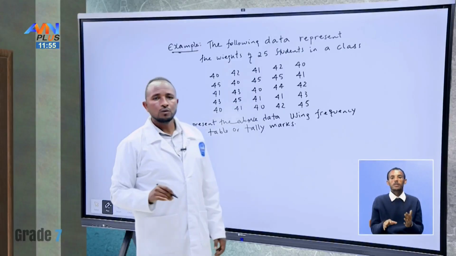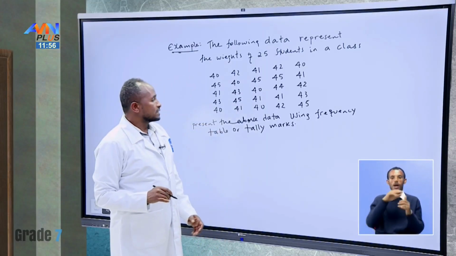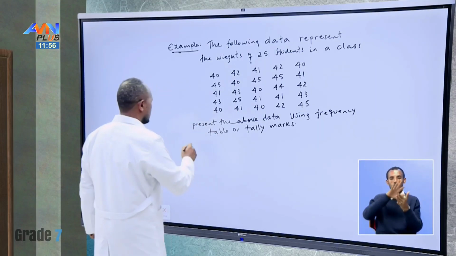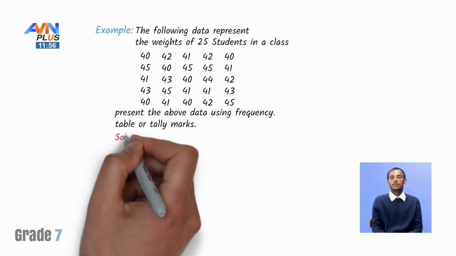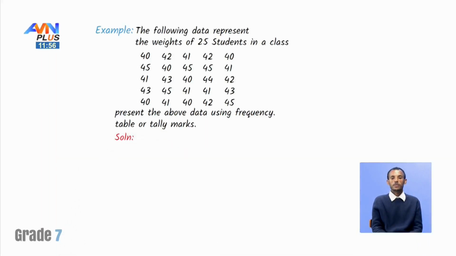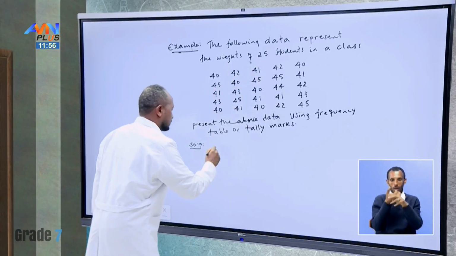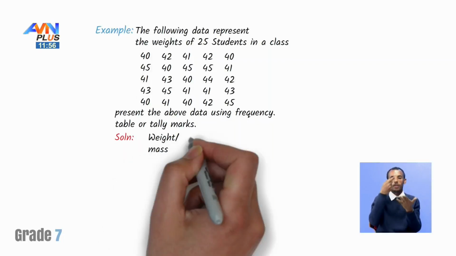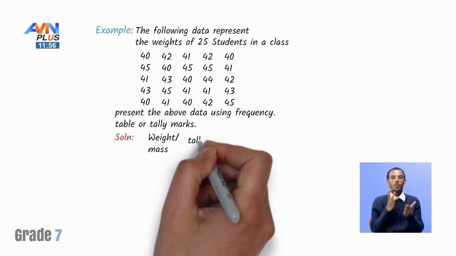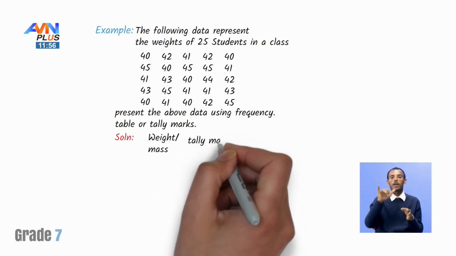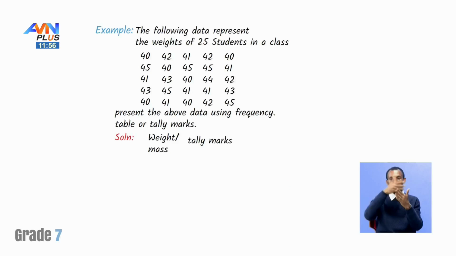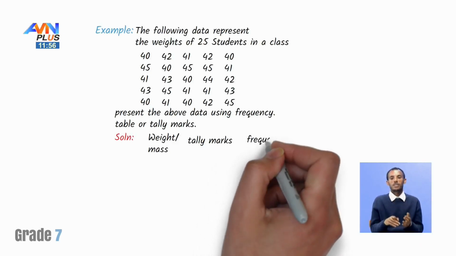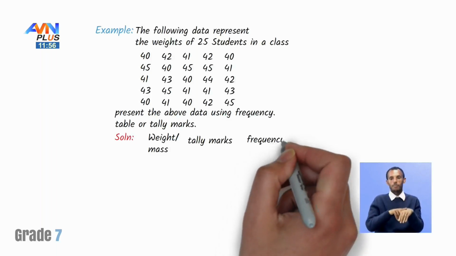So this is it. Now, let's see how we present this data using tally marks. Here we put the weights, and again we put tally marks here. And in the next part, we will put the frequency, the number of times a given data happens.